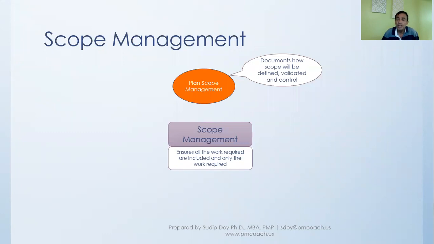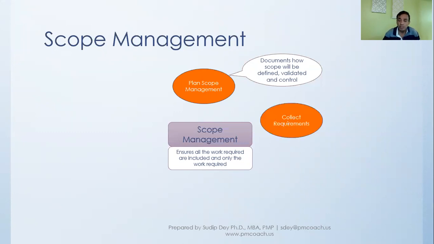In other words, this process is not about drawing the scope, but planning how we will draw the scope. This is the plan. In fact, when you go through each knowledge area, you will find there is a plan, and the plan is about how we go about doing different processes and activities in that particular knowledge area.